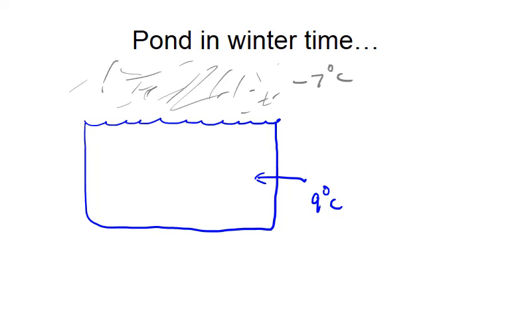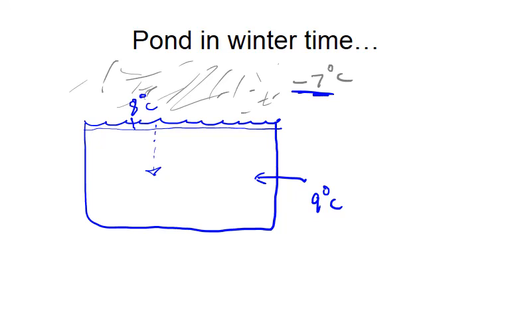Now, water is very unique in terms of what happens as you get colder temperatures. That top layer of water, if it's exposed to -7, is going to get colder. It'll go to 8 degrees, and 8-degree water is more dense, so it will sink.